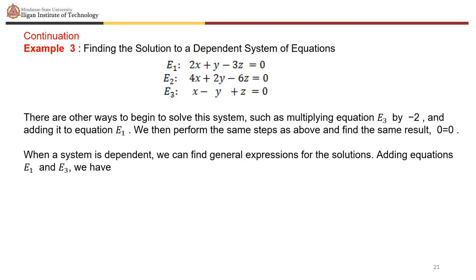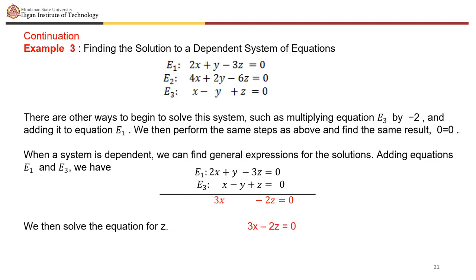Adding equations e sub 1 and e sub 3, we have the following. e sub 1 is 2x plus y minus 3z is equal to 0. e sub 3 is x minus y plus z is equal to 0. So when we have 2x plus x, that will give us 3x. y minus y is 0. Minus 3z plus z is equal to minus 2z.